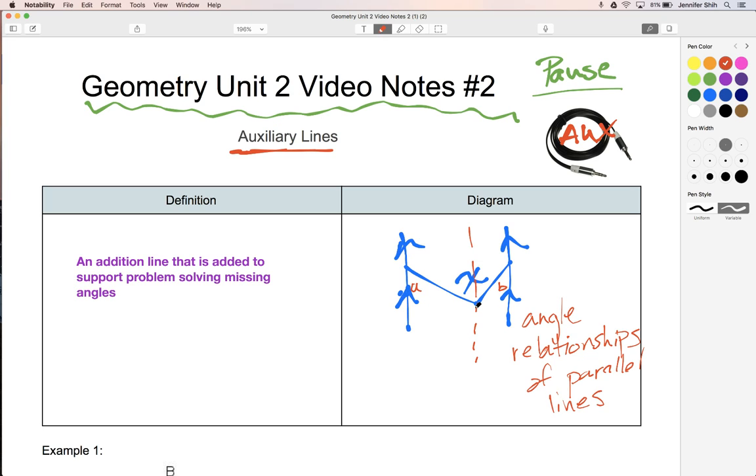And we can find out this weird angle on the inside. But to do that, we have to add in our own line. So this red line here, aux line, is our auxiliary line that we're adding in.